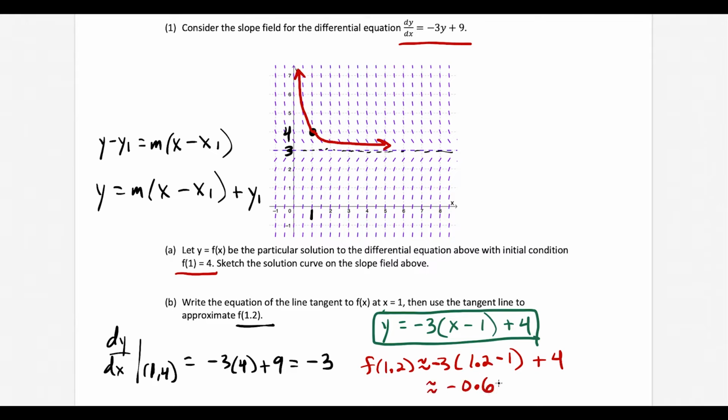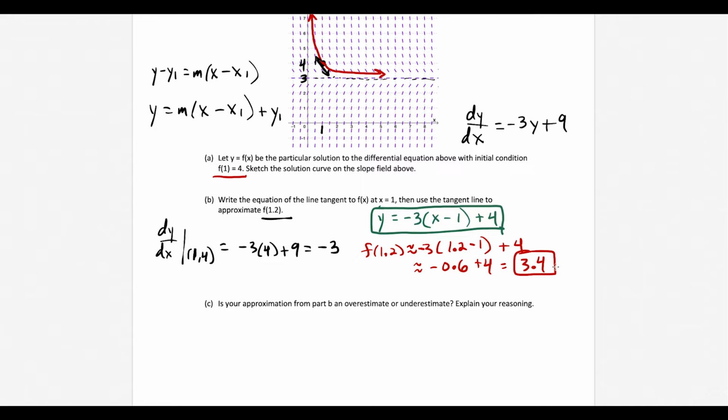So we have negative 0.6, plus 4. And for the AP test, to be honest, we could just leave our answer like this. We don't actually have to simplify in the free response section when you don't have a calculator. But just to see what this works out to, this is going to work out to 3.4. So this is going to be our approximation for f of 1.2. So for part C, we just have to determine if this approximation is an over or under estimate.